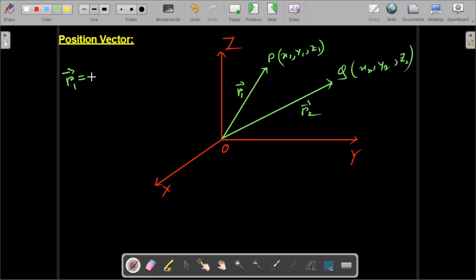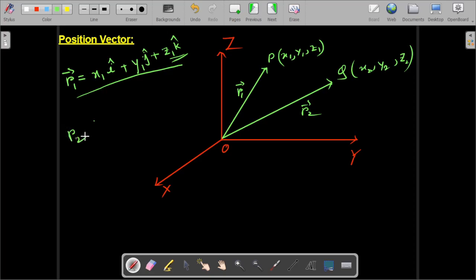If we want to write it as an expression, we express the r1 vector, the position vector of point P, in this way: x1 i cap in the direction of the x-axis, y1 j cap in the direction of the y-axis, z1 k cap in the direction of the z-axis. This is the position vector of point P.